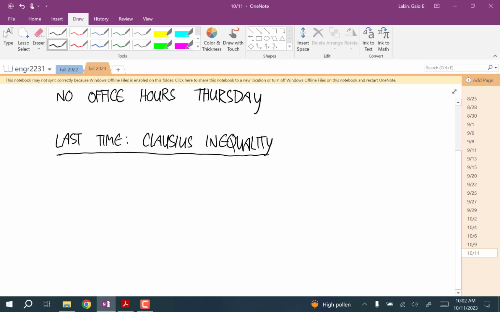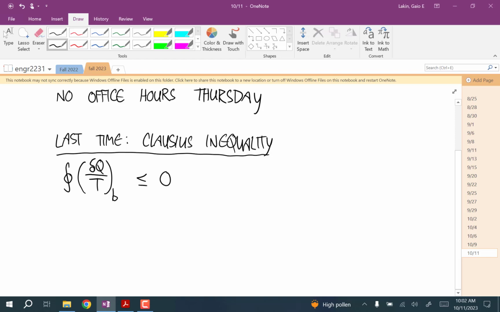And the Clausius inequality says, for any cycle, if you add up all the heat transfer with positive going into the system and negative out of the system, like we're used to for the first law sign convention, and divide it by the temperature where that heat is transferred around the whole boundary, you get something that's less than or equal to 0.